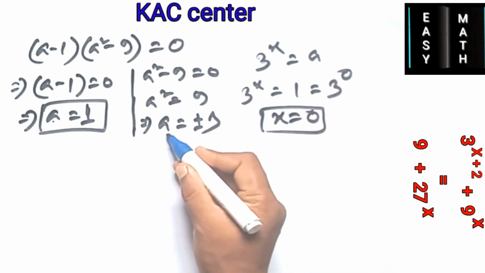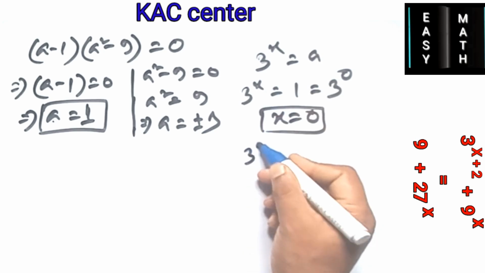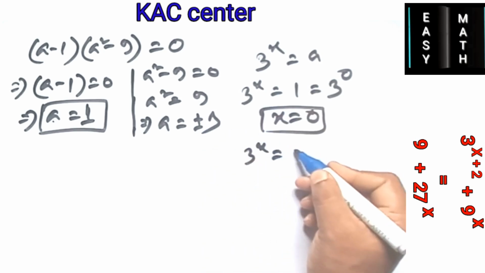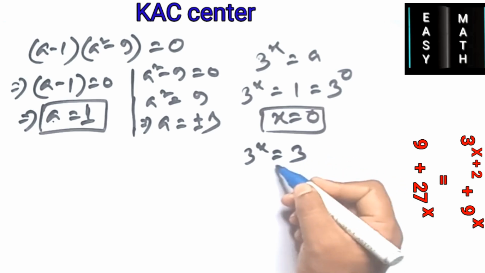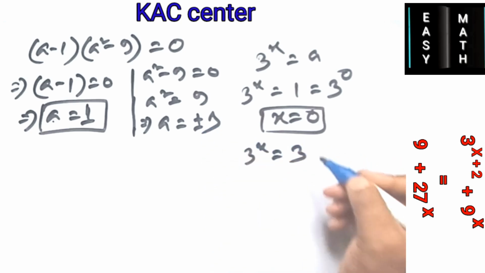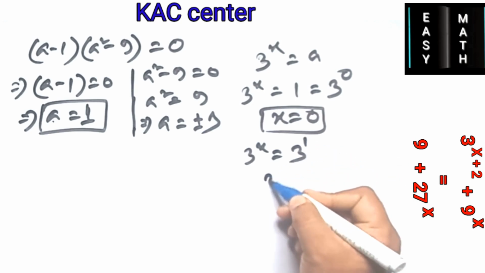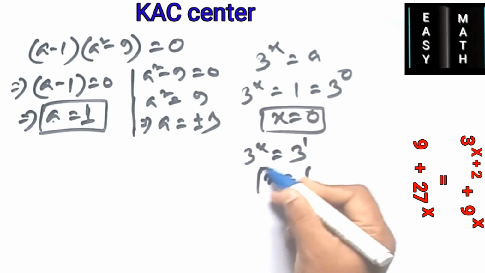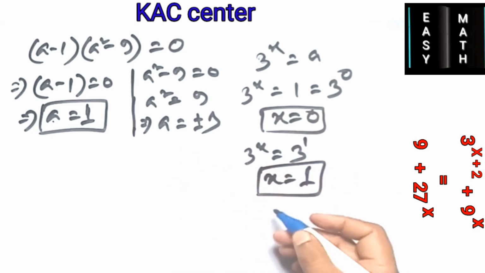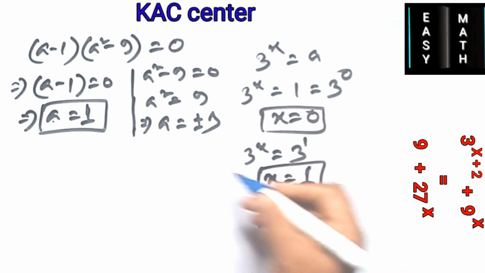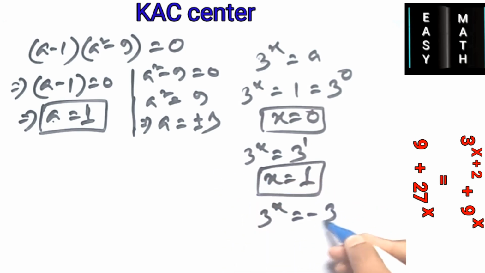And 3 to the power x is plus 3, this is the power of 1, so x value is 1. From here we get 3 to the power x is minus 3.